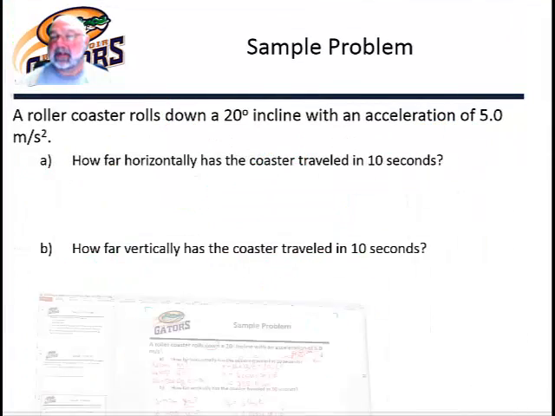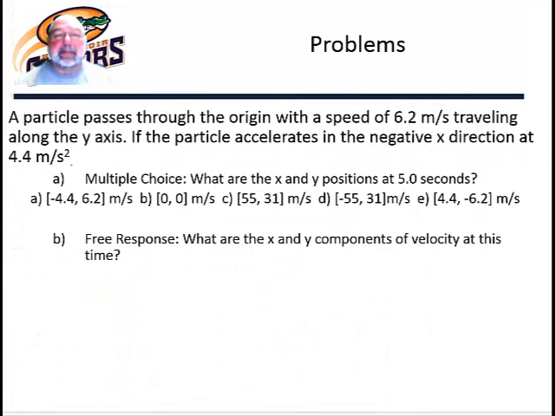Next up is a problem for you. Both your multiple choice problem and your free response problem. Make your table of information for the x and y axis. That's the way to make this problem solvable for you. It's a lot like the last one that I did.